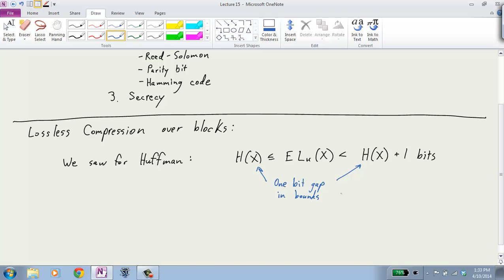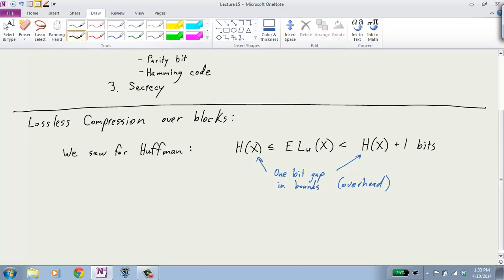We could actually call this the overhead. It's sort of overhead associated with bits being integers in length, right? So we'll see two things. If we encode over blocks, and I'll explain what that means in a minute, we get two advantages.